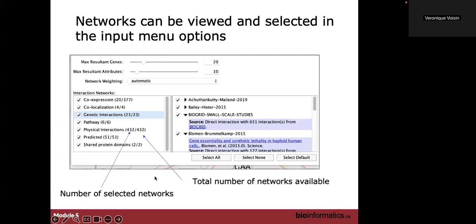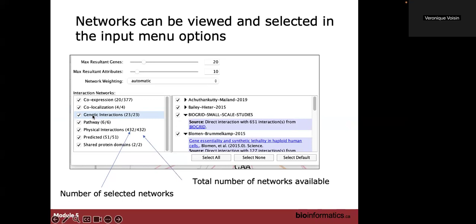So this is the input menu option of GeneMANIA, and you can recognize now the main categories. So you see for each of the categories, you have two numbers. The first number is the number of selected networks, and the second number is the total of networks available. So by default, GeneMANIA has a set of networks that it will use, but you also can choose your own networks if you wish.